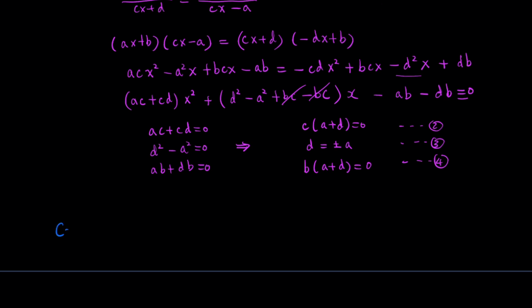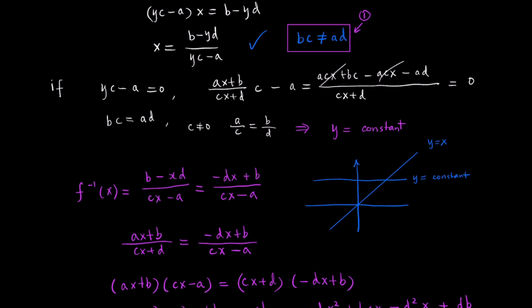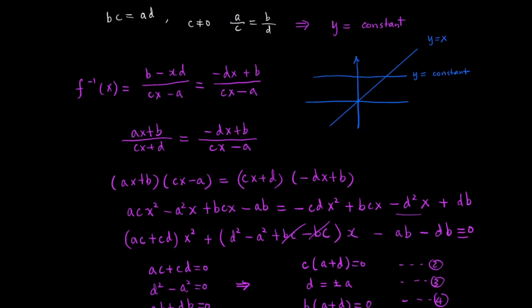So case 1. Let's see if C equal to 0. The first one would satisfy automatically, and this one really depends on the B value, right? And here D has to satisfy this constraint, right? And of course, let's move to BC minus AD, right?